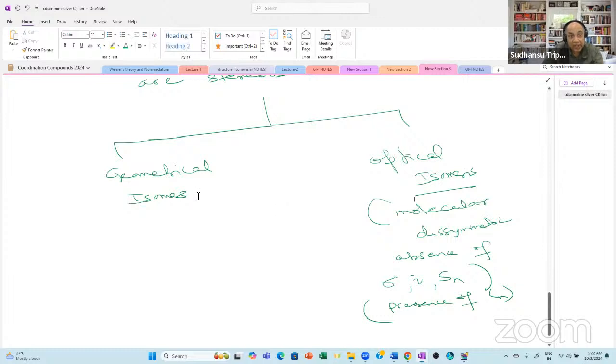So first we shall study geometrical isomerism in inorganic complexes, and we will see out of this which one is chiral, which is dissymmetric and will exist as a DL pair. So extra one will be added because that geometrical isomer will exist as a DL pair. So we do not add +2 but +1 because that is remaining in two forms, D and L. So +1 pair. So we have to add up and find the total number of stereoisomers in each case very soon.